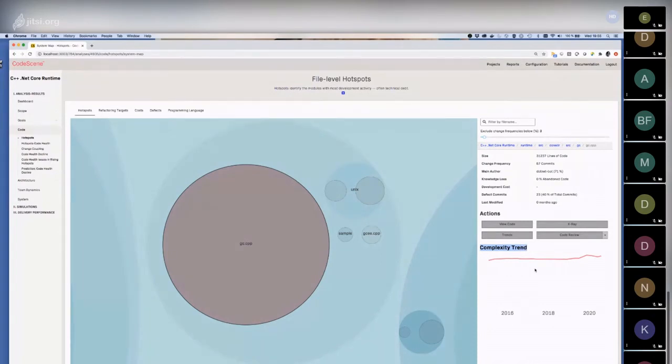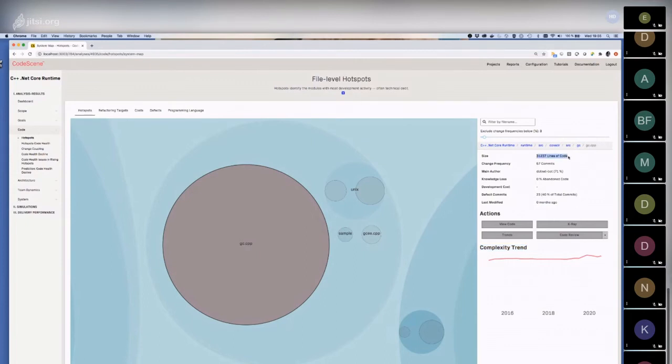I can show you some examples later. But it's basically a way of finding out in what direction this hotspot evolves. I'm going to talk much more about that soon. And here we see it's pretty much a flat line with a minor increase in late 2019, meaning that the code is a little bit more complicated now than it was a year ago. But I'll get back to that.